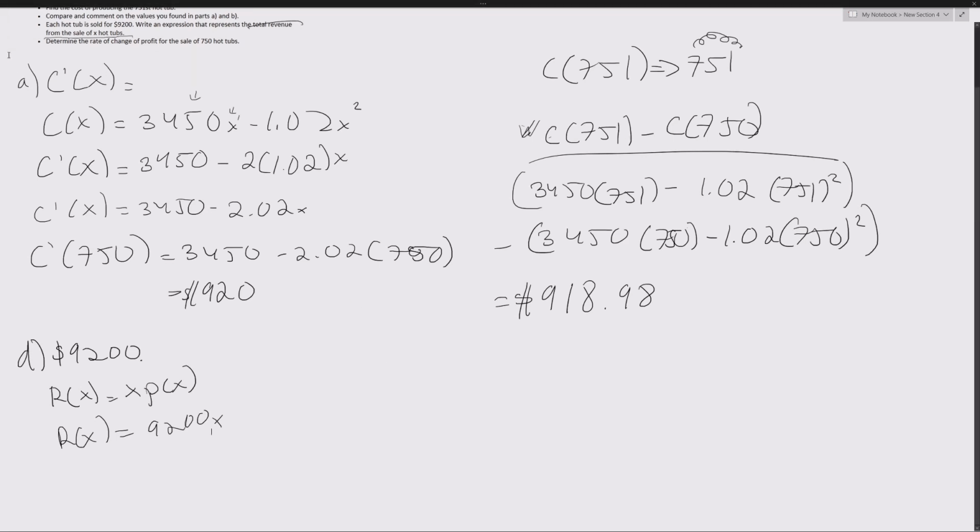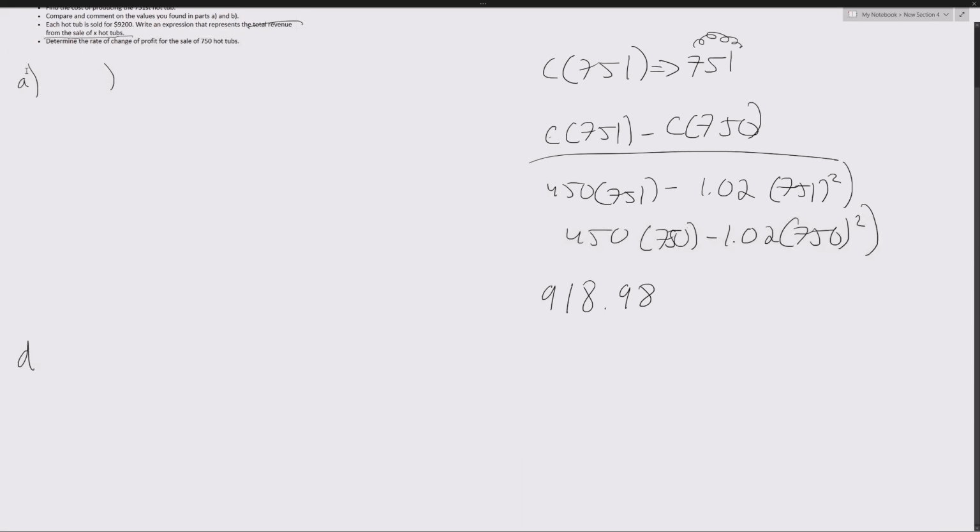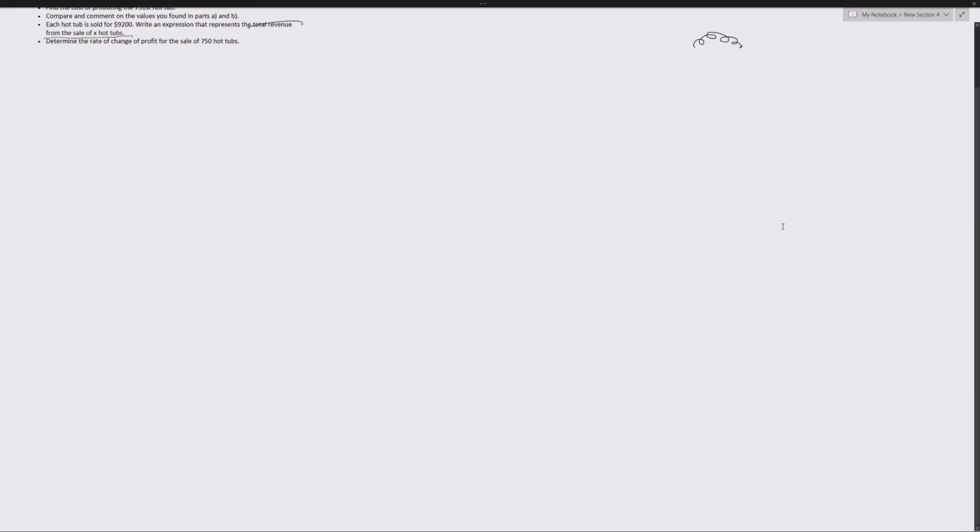But first, let's erase everything here so that we don't have an eyesore to look at. When we're talking about profit, you need to remember that it is equal to the difference between your revenue and your costs. So again, P of x, the profit function, is equal to your revenue function minus your cost function.